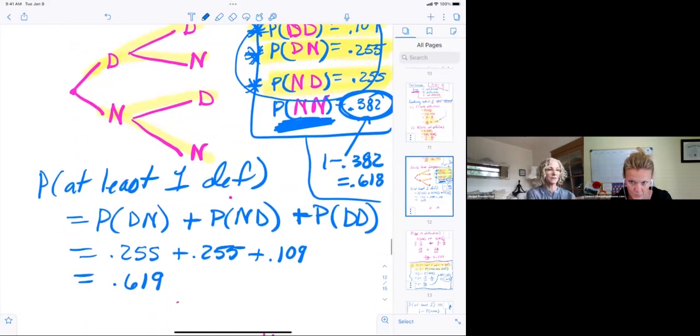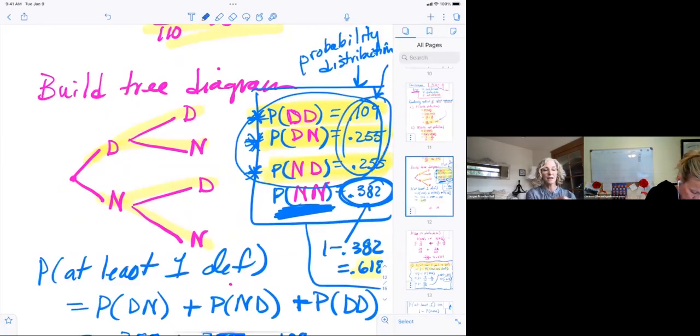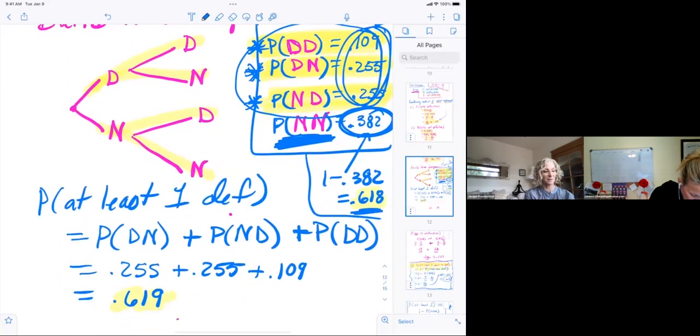I want to explain the decimal where I got 9 instead of 8. It's from round off error. As I'm computing all of these decimals, I'm rounding off, which creates a little discrepancy between the 0.619 and 0.618.